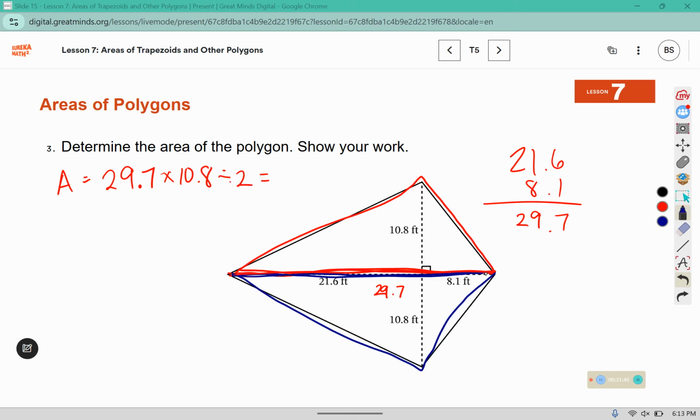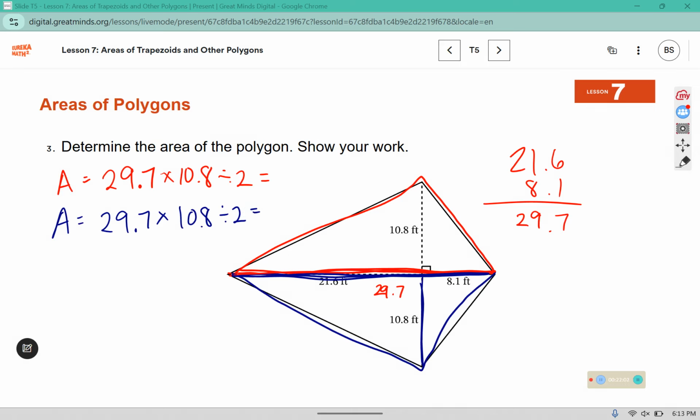The blue triangle has the same base. Its height is also 10.8. And since it's a triangle, it needs divided by 2. So the area of each of these triangles is 160.38.